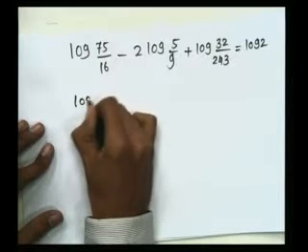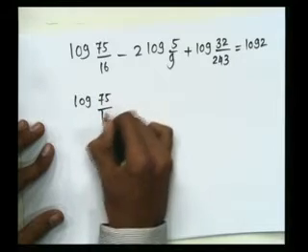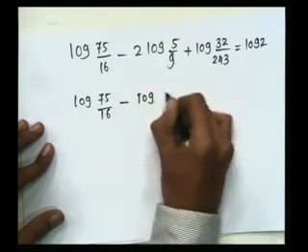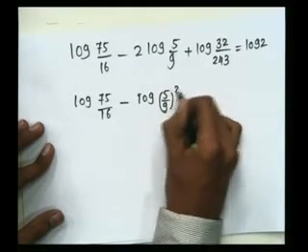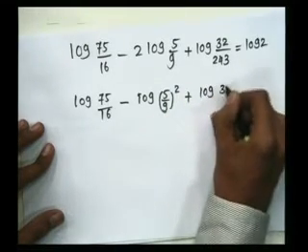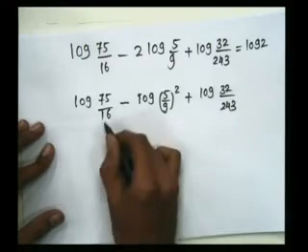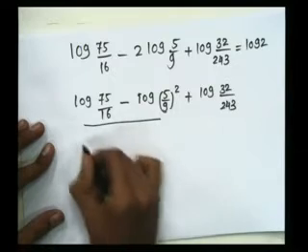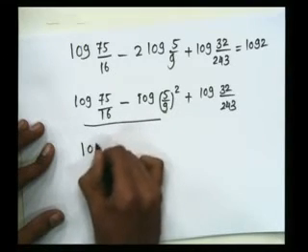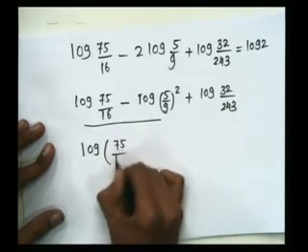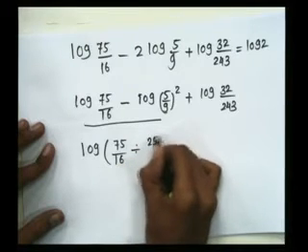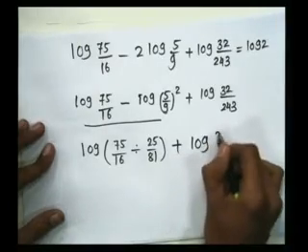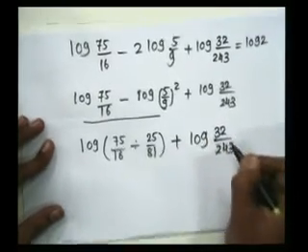Now LHS, log 75 over 16. In the second term we will apply the power property of logarithm, so we can write log 5 by 9 square plus log 32 by 243. As we know that log a minus log b is log a by b, subtraction goes to division, that is log of 75 over 16 divided by 25 by 81, plus log 32 over 243.